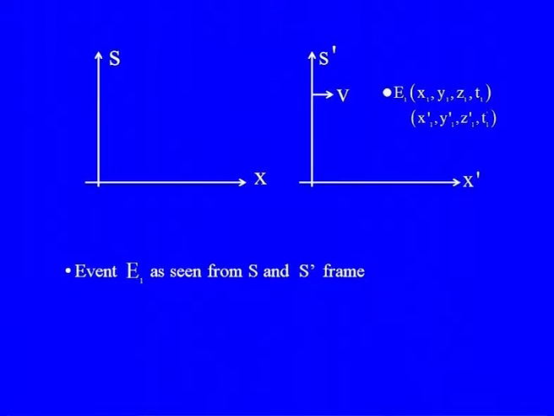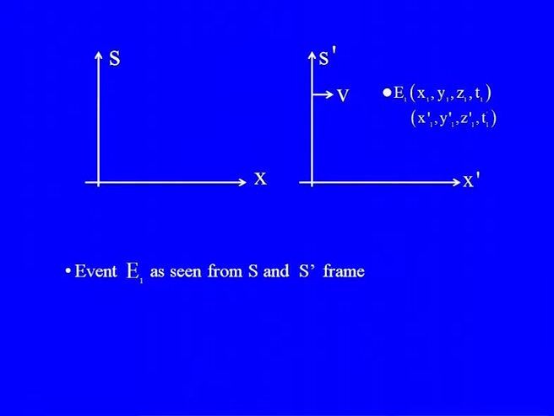For that, I think it will be good if we see it in a more pictorial fashion here. So, we talk of event 1. It occurred at a certain position, x1, y1, z1 say, at a certain time in the S frame, let us say.